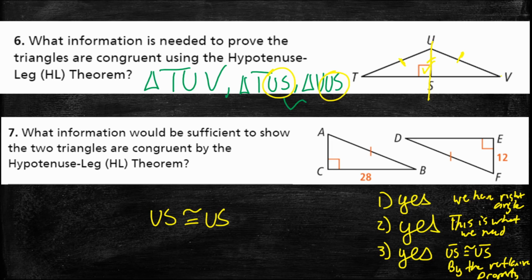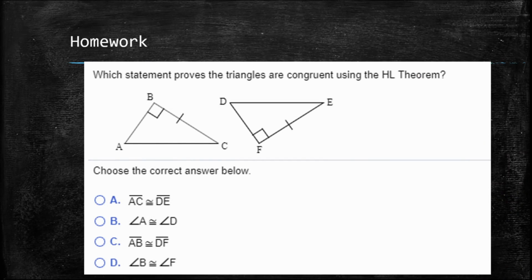US is the line of reflection, so through that identity we talked about, we have everything we need for that problem. But fully explain your reasoning here on why you answered number 7 the way you did. If you're saying that there's not enough information or nothing can be determined, tell me why you can't determine anything with this picture. All right.